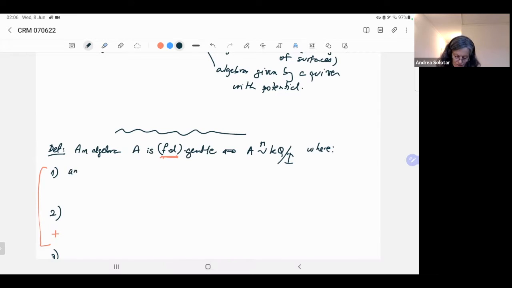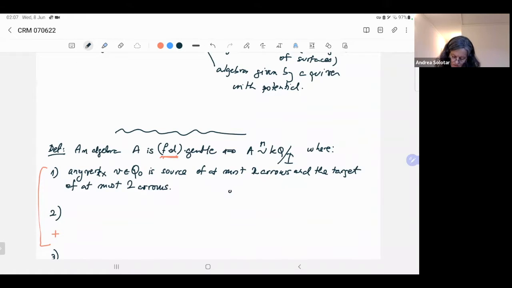So any vertex v in Q0, vertex of the quiver, is the source of at most 2 arrows and the target of at most 2 arrows. So locally, things are like this. You can have 2 arrows arriving and 2 arrows going out, or maybe just one, or maybe just one arriving, or just like this, et cetera.